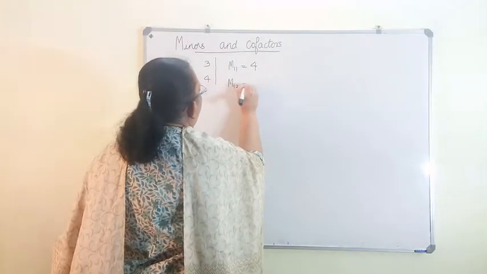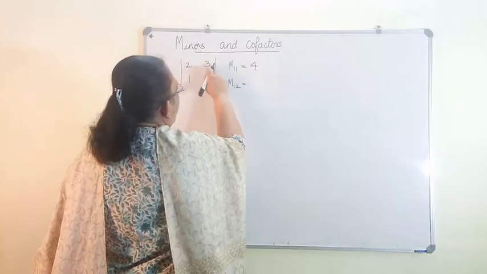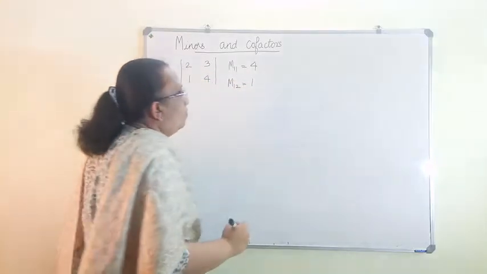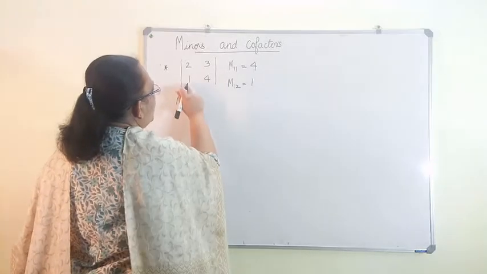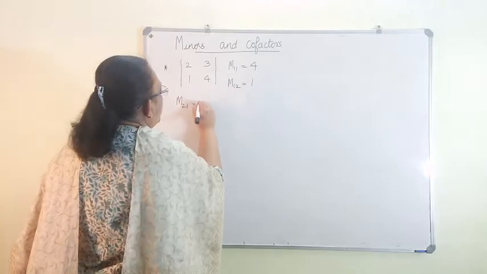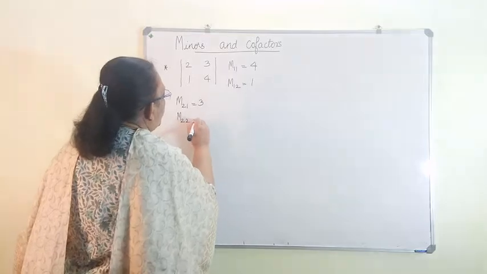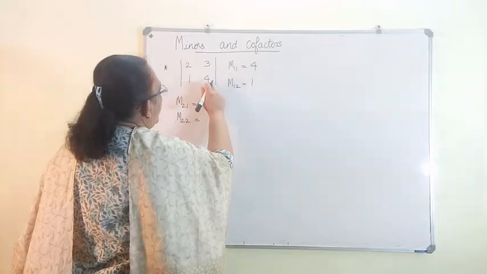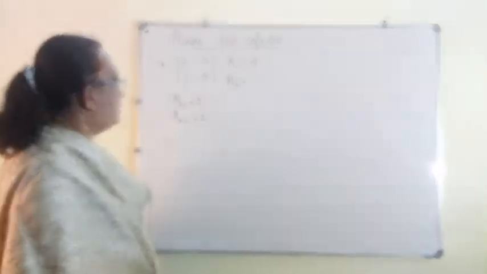M12: you eliminate first row, second column. So, 3, this one, it is equal to 1. M21: eliminate the row containing 1 and the column containing 1. It is equal to 3. And M22: eliminate the row containing 4 and the column containing 4, it is equal to 2. These are the minors.